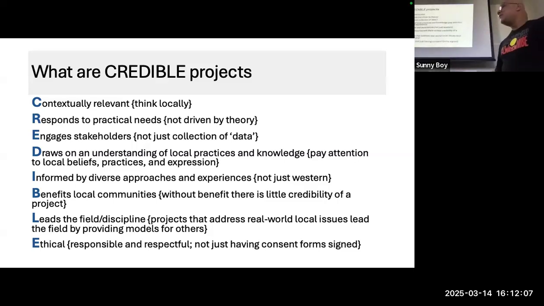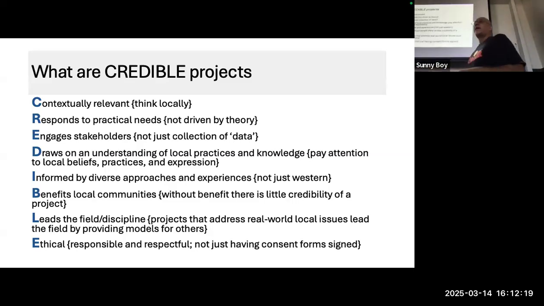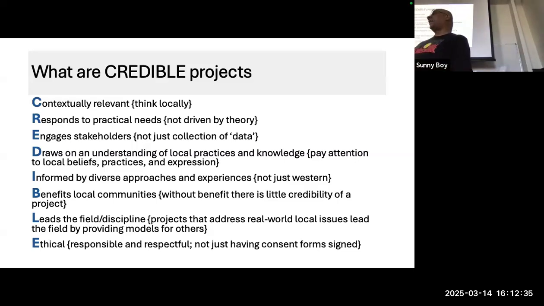The whole focus of credible actually is the B bit. If there is no real world benefit of what we are doing, then my question is, why do it? Why do we spend years of our life trying to do projects where there's no real benefit in the community where the people are? I'll give an example, of course, from Pakistan. There have been between 1,000 and 2,000 PhDs generated every year.